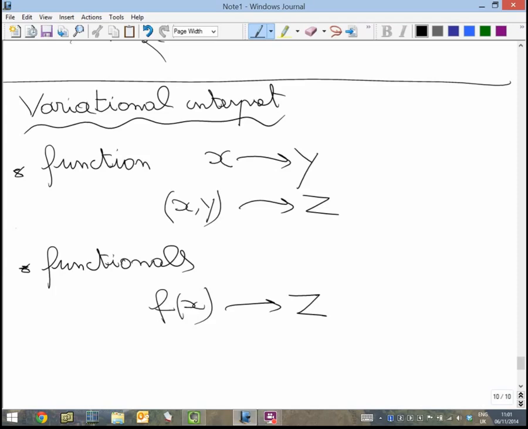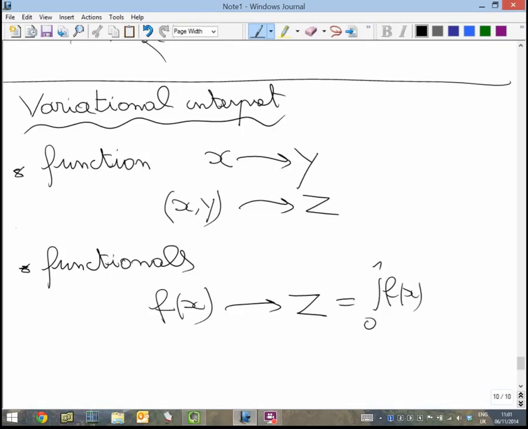How could you turn a function into a number? What are ways to do that? Yeah, if you take, for example, an integral of a function. So if you have f of x, you can calculate the integral from, say, 0 to 1, f of x, yeah? And that turns our function into a number. Yeah, that's right. So this is a straightforward way of having a functional.